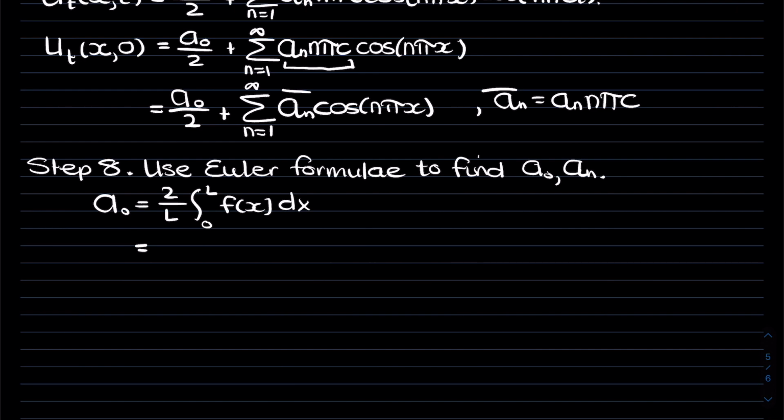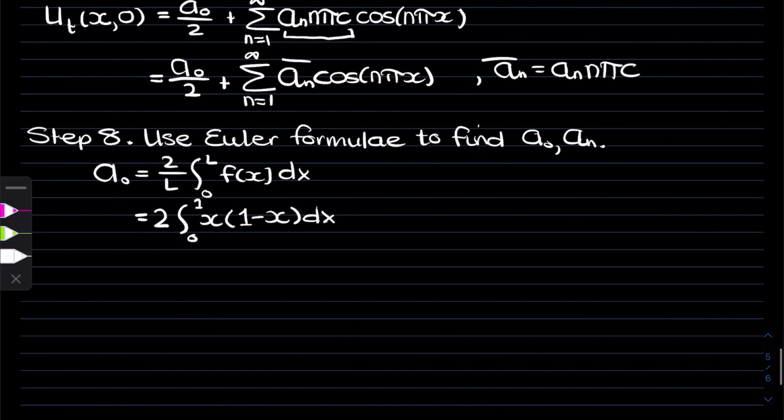So we can just rewrite this as 2 over 1, so it's just 2 from 0 to 1. And our f of x is just the non-homogeneous condition value. So it's just x, 1 minus x dx. So all we need to do is compute that integral and we'll get our value for A of naught.